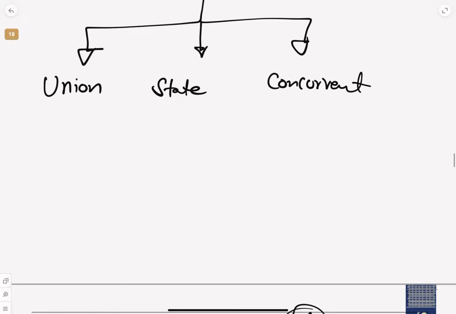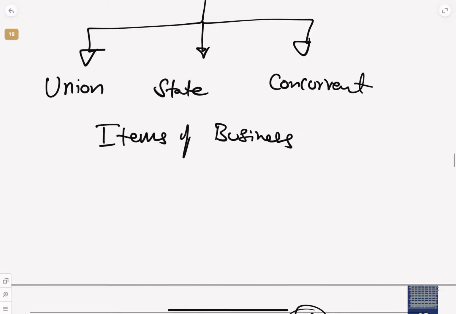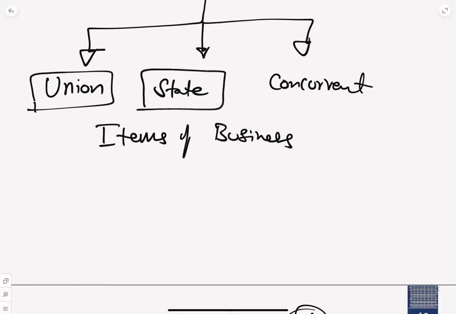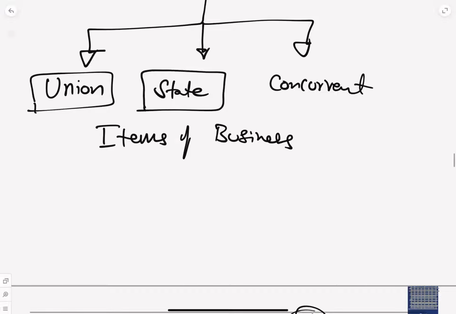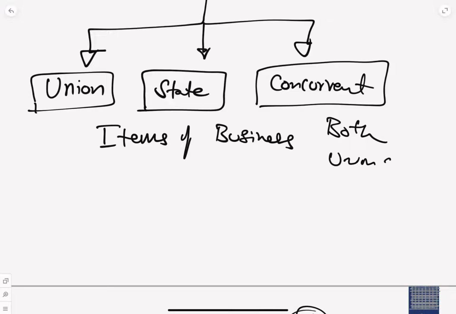These lists have different items of business about who can make the law. So if there is something in union list, only the union government can make the law. If there is something in state list, only state government can make the law. And in concurrent list, both union and the state can make the law.